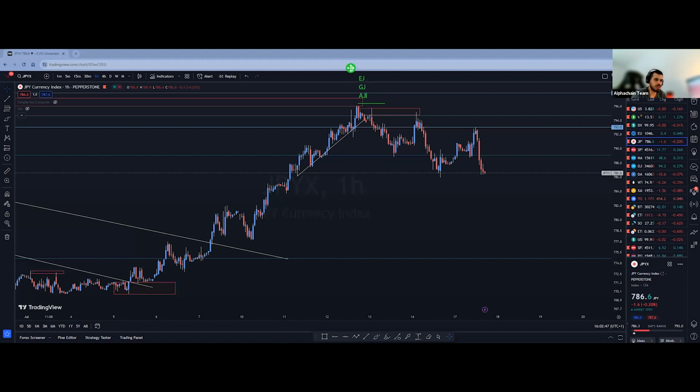Right. These are the ones to look for a long in here. In here, we have EJ. In here, what was the end pair today? GG, which is CAD yen.